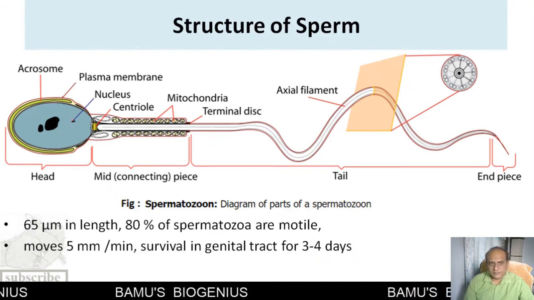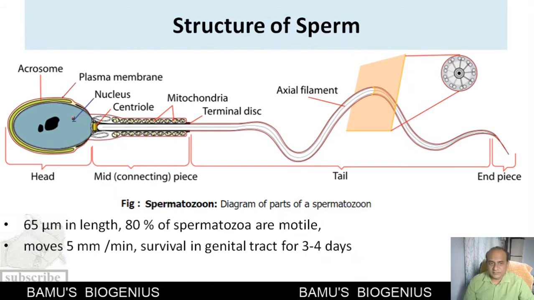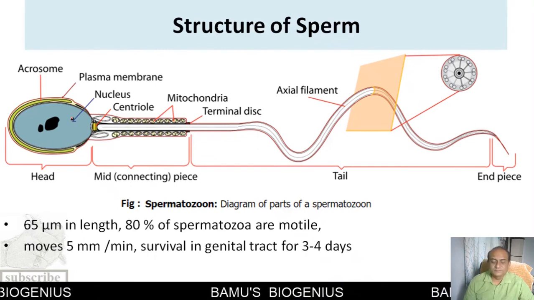These protamines are arginine and cysteine residue rich proteins. Arginine is highly positively charged, and because of that it makes these protamines more basic.